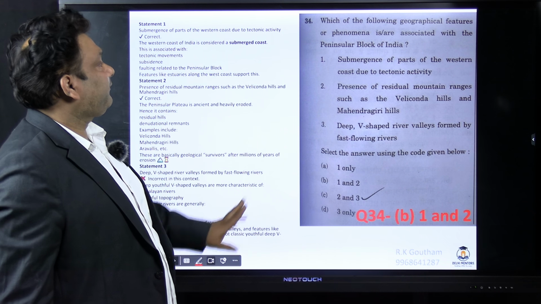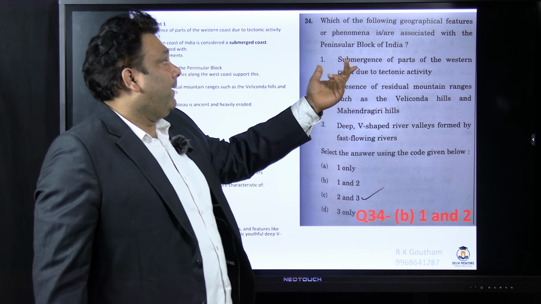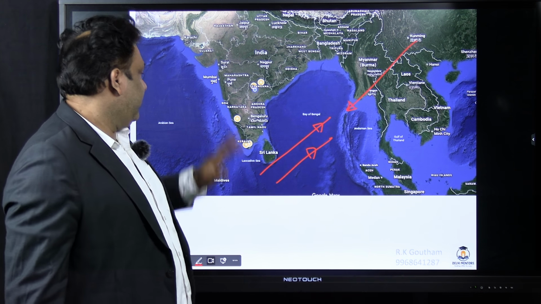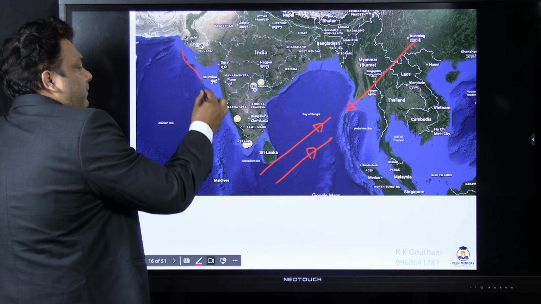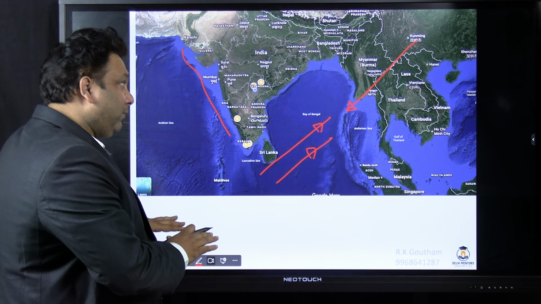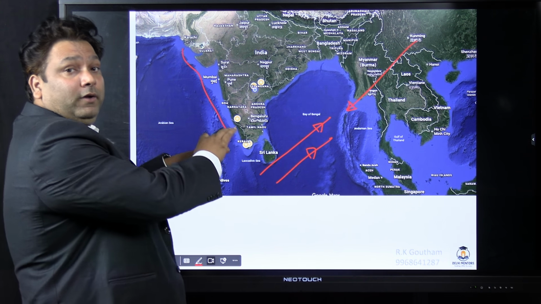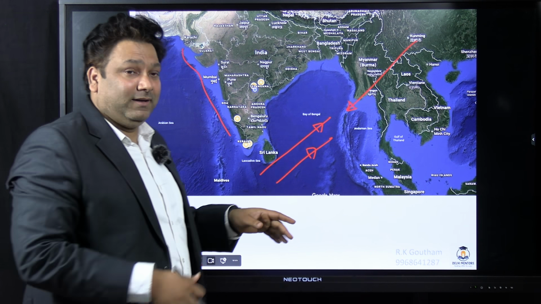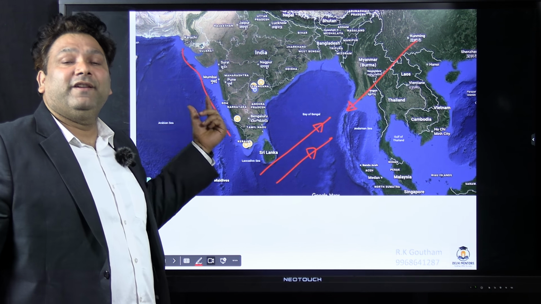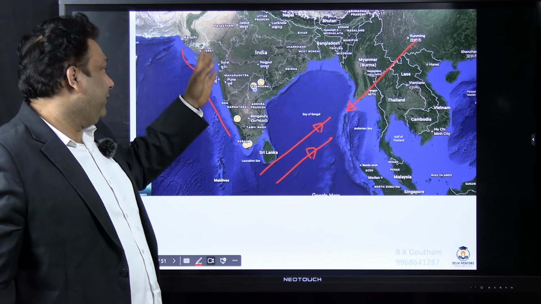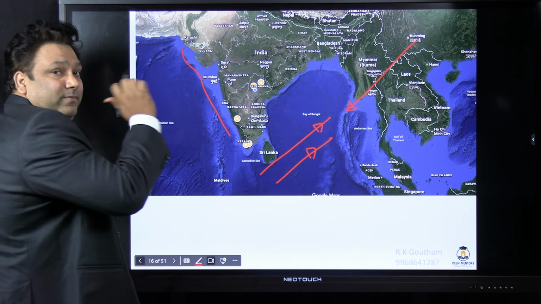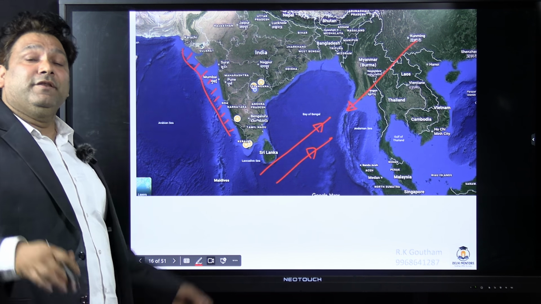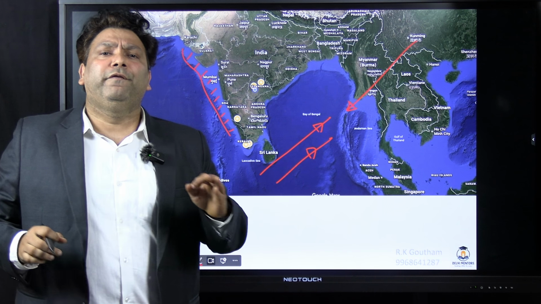So next, associated with Peninsular block of India. Now look at the map here. See, this is the submerged part. So when the Indian Peninsular Plateau was moving north, it was drifting and rifting. And because of this action, the western flank of the Peninsular Plateau was broken and fell into the Arabian Sea, which has formed a broad continental shelf here, which also results in a good fishing zone.